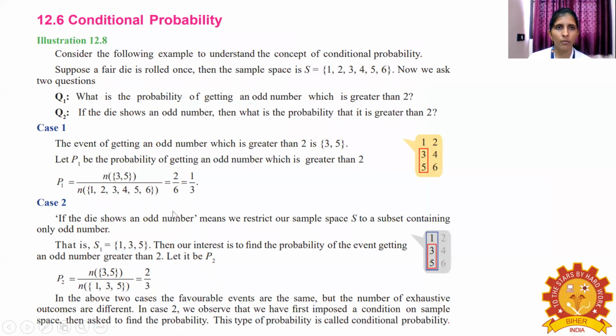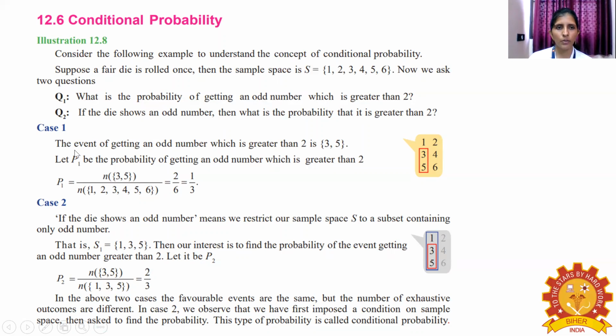Next we move to conditional probability. Consider the following example to understand the concept. Suppose a fair die is rolled once, then the sample space is S equal to 1, 2, 3, 4, 5, 6. Now we ask two questions. Q1: what is the probability of getting an odd number which is greater than 2? Q2: if the die shows an odd number, then what is the probability that it is greater than 2?